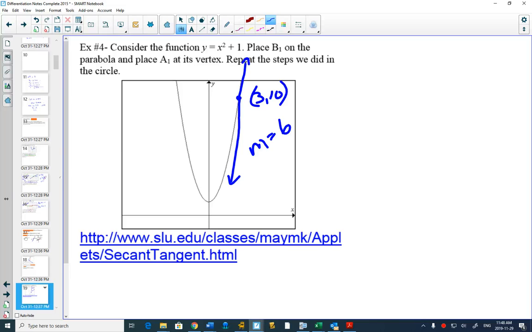That's a good question. How do I know that the equation of this line is y equals 6x minus 8? How do I use calculus to help me figure all of those things out? That's what we're going for, right?